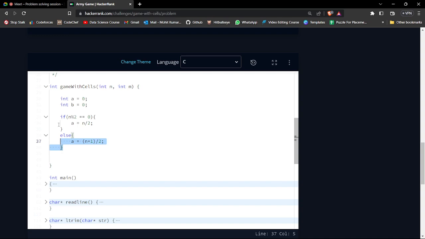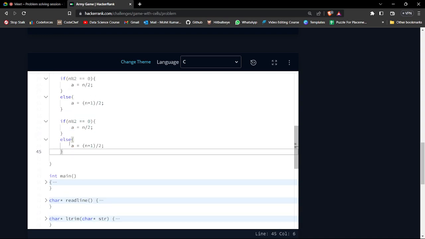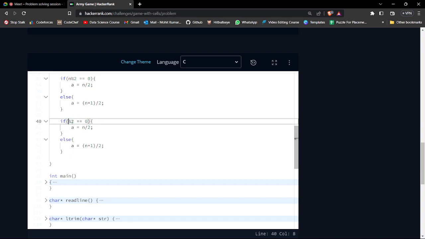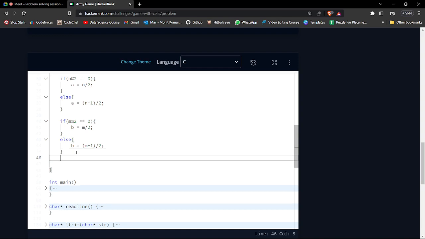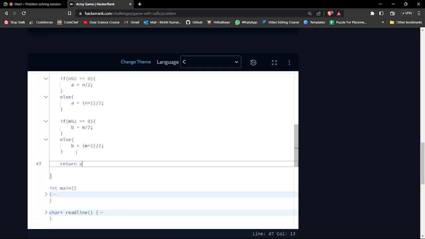I again need to copy this for the m part, right? And I'll be checking for m, and this m is basically the value of b. Okay, m here, if it is already even, then no need to make a change, and if it is odd, then we have to make a change. Then all I can do is just return a into b.